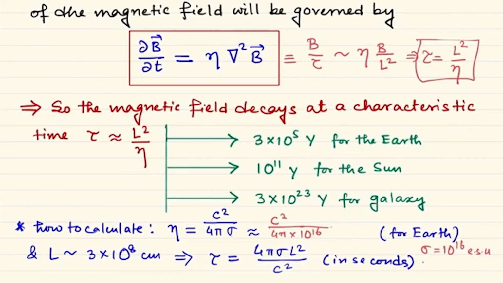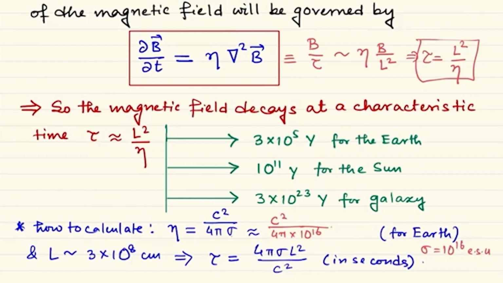Now here if you calculate eta, and then take L, the length scale, to be of the order of 3 into 10 to the power 8 centimeter, that is nearly 3000 kilometers, which is roughly half of the radius of the Earth actually.